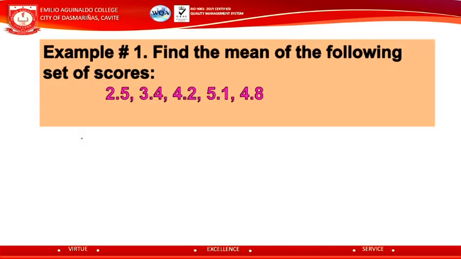Okay, for example number 1, find the mean of the following set of scores. We have there 2.5, 3.4, 4.2, 5.1, and 4.8.